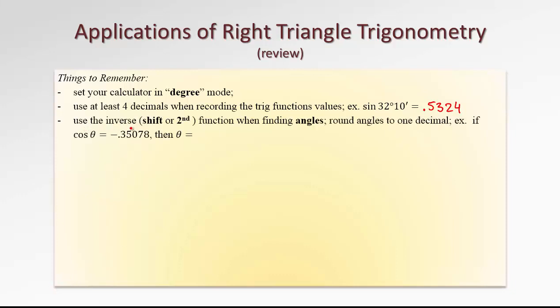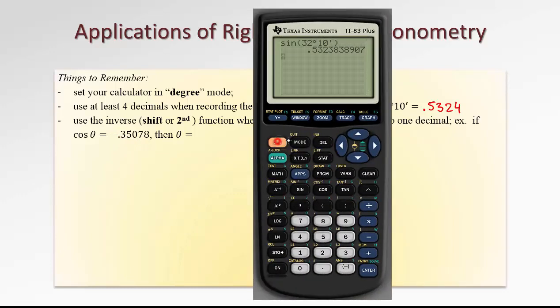Next, use the inverse shift or second function when finding angles, and round angles to 1 decimal place. For example, if we want to figure out what's the angle theta such that cosine theta is equal to negative 0.35078, we go second cosine to recall the inverse cosine function of the number negative 0.35078 and then enter.